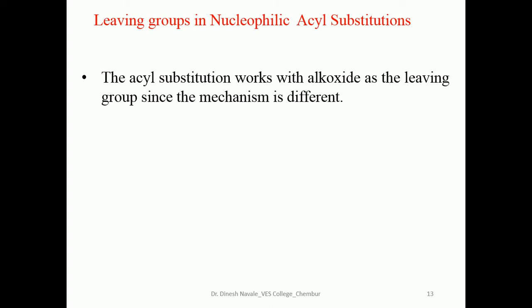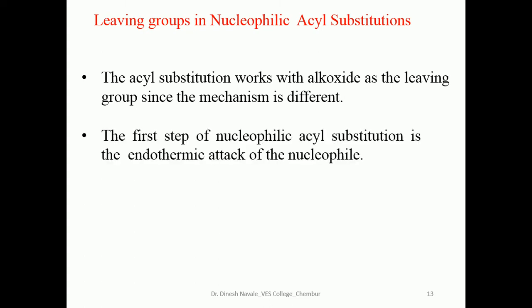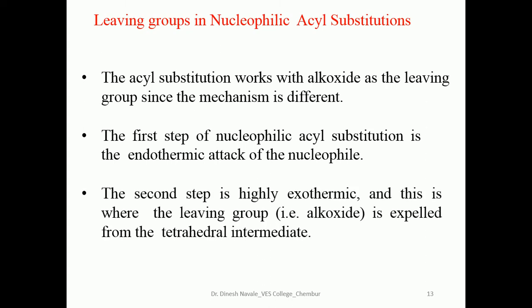But in acyl nucleophilic substitution, the first step is the endothermic attack of the nucleophile. That means the nucleophile attacks the carbonyl carbon and gives an intermediate, and this is the endothermic attack. The second step is highly exothermic, and this is where the leaving group is expelled from the tetrahedral intermediate.